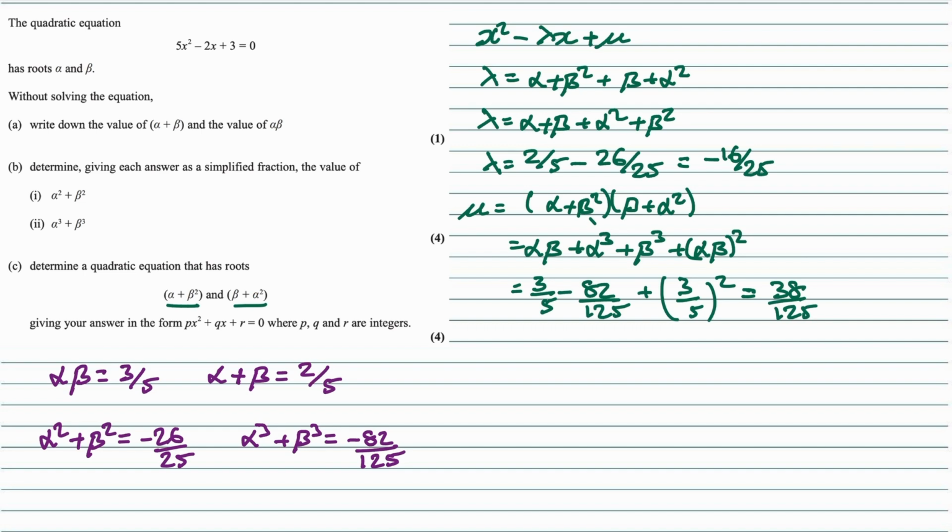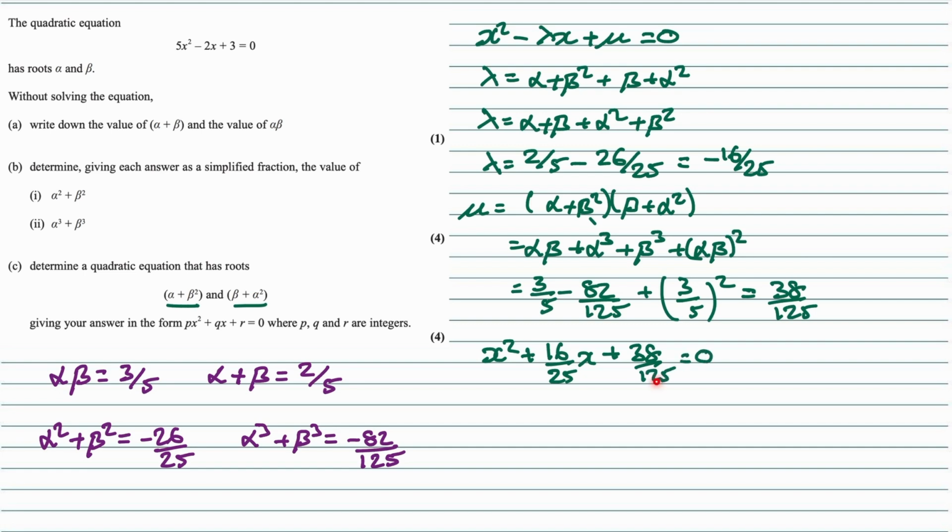So now we can substitute lambda and mu back into the general equation. Sorry, that should be equal to 0. So we'll have x squared minus lambda, so minus the negative. This will give us a positive 16 over 25 x plus mu, 38 over 125.